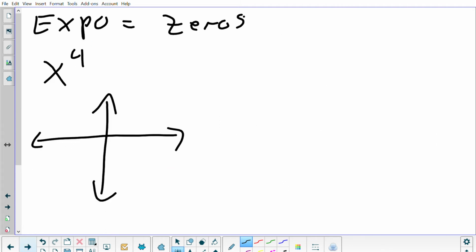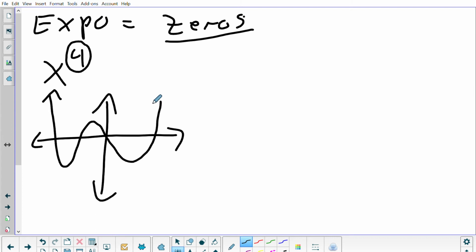Okay? The exponent tells you how many times it could cross the x-axis. It's not a guarantee, it's how many it could. So to the fourth is this W looking thing, right? If there are 4, it could cross 1, 2, 3, 4 times. And that's not always true.